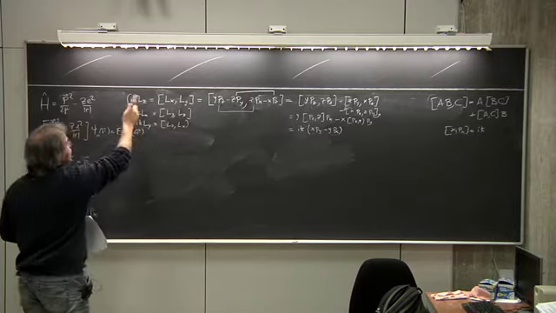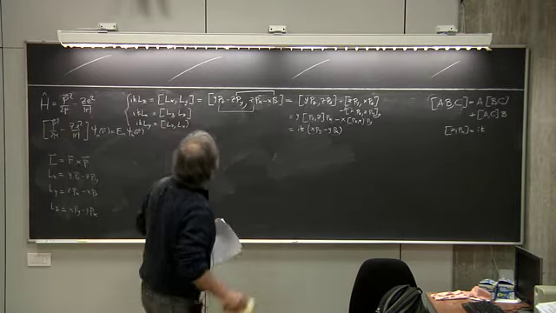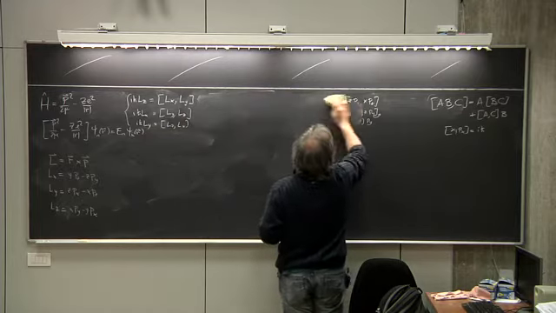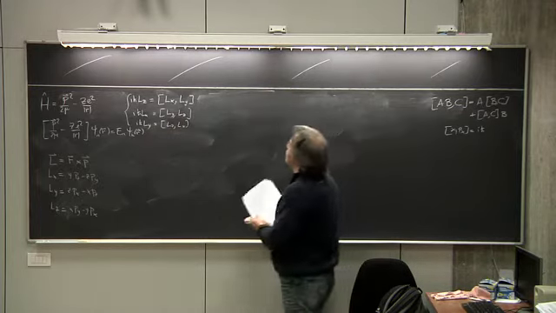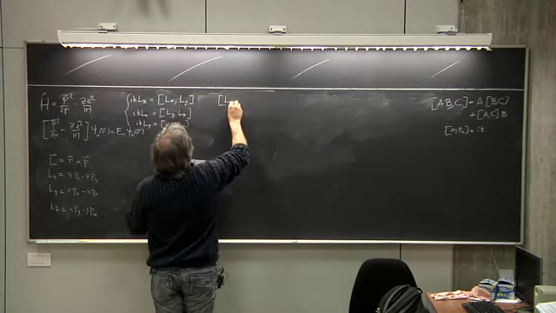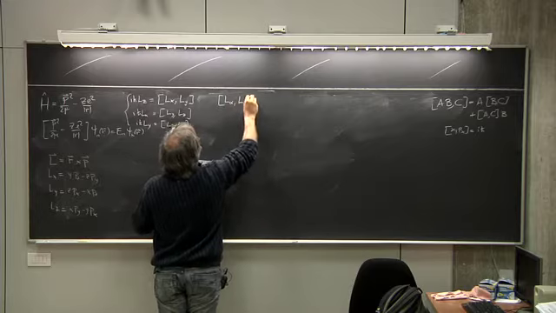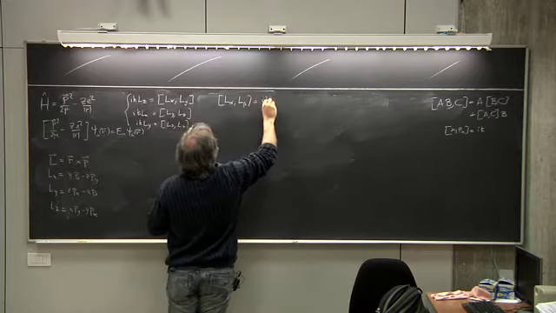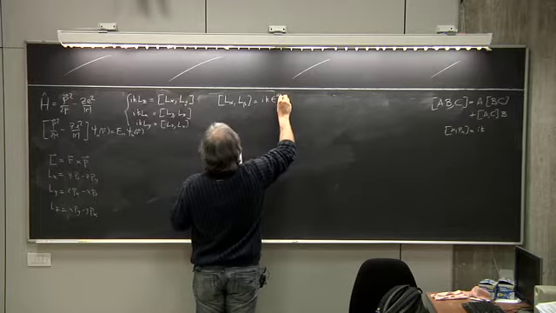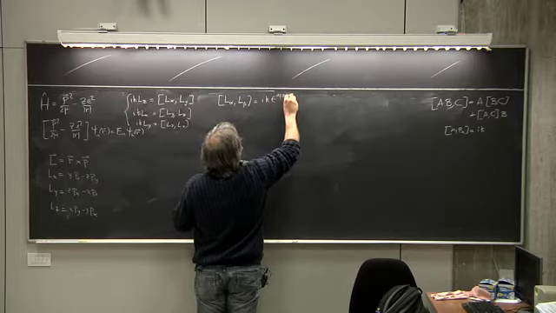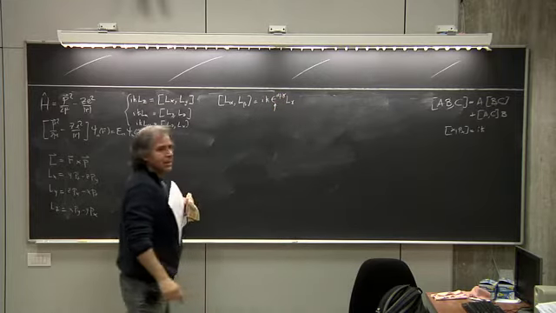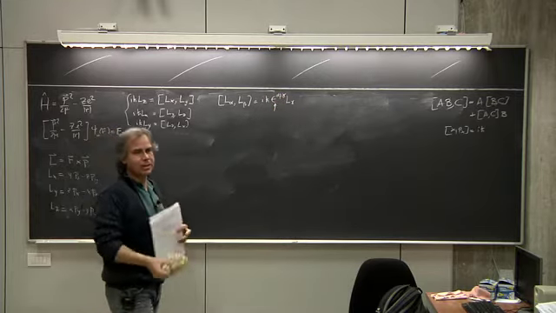For instance, if you want to write this in one single expression, let me just write. Then you can write that, for instance, L component alpha, L component beta is equal to i h bar epsilon alpha beta gamma L gamma, where this object is essentially the antisymmetric tensor.